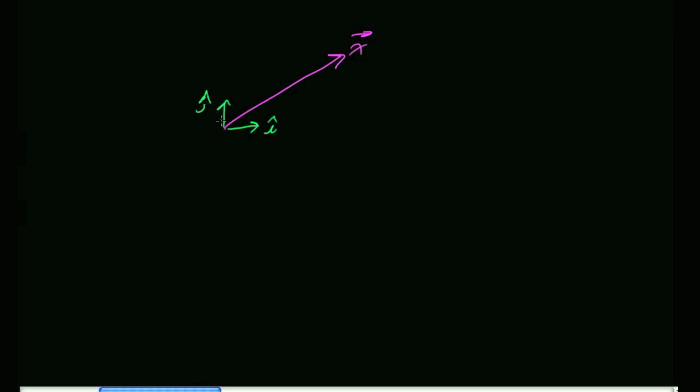Then we say vector x is equal to some multiple of i hat and some multiple of j hat. This sounds like a weird example, but stick with me. Essentially, i and j are your building blocks.